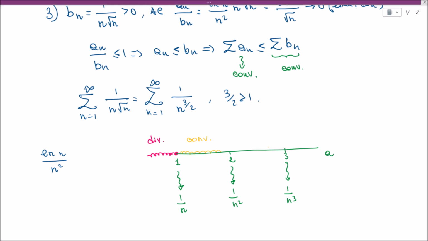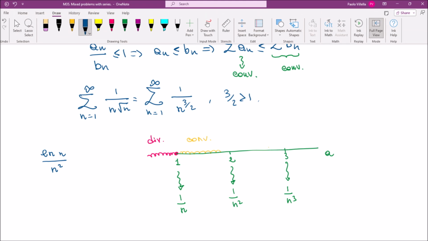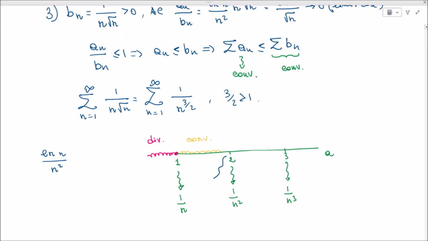So if you like, we can say that the sequence logarithm of n divided by n squared is somewhere to the left of the point corresponding with a equal 2. So we can say that the exponent of the n of the harmonic series corresponding to that will be somewhere to the left of 2. So this is why basically the series converges.